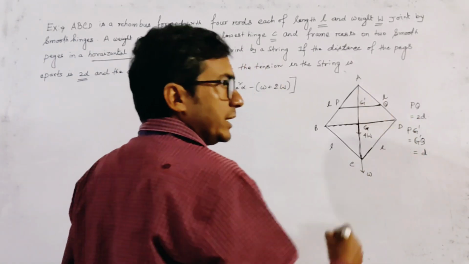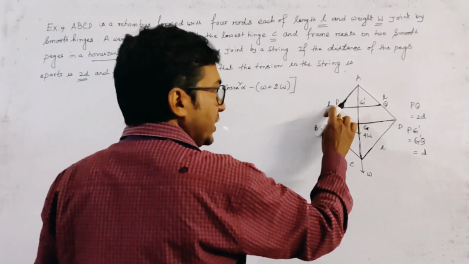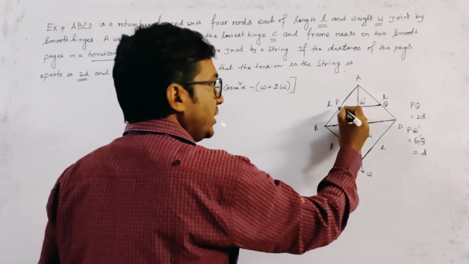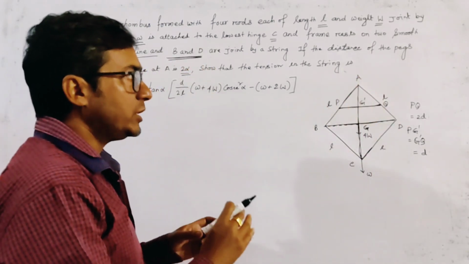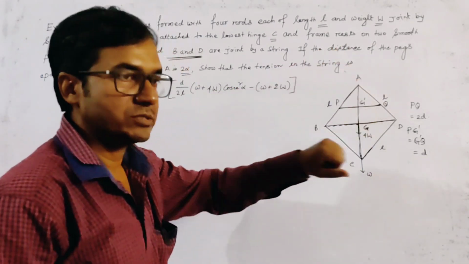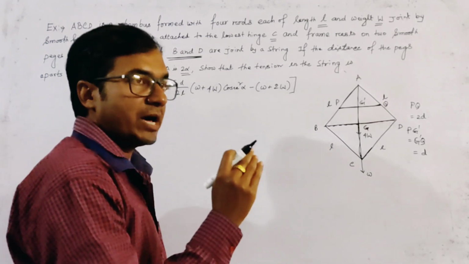which is equal to D. Now since P and Q are 2 fixed pegs, the line PQ is a fixed line, and we measure all the distances from PQ vertically downwards. Here 3 forces act.